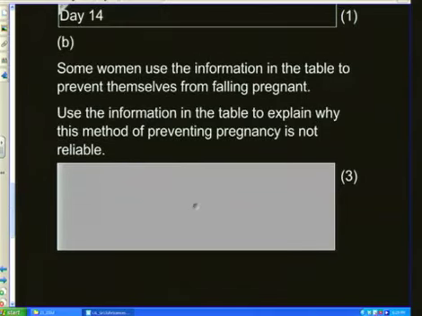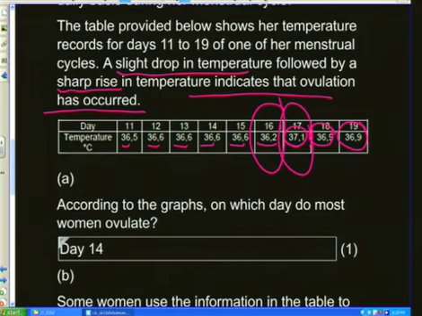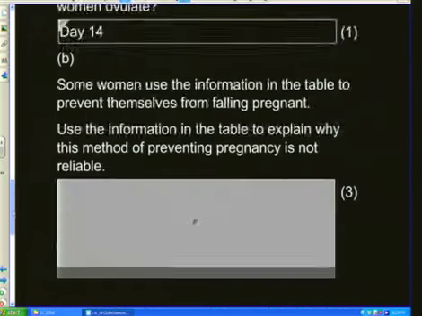Now look at this table. We said that most women ovulate on day 14. Here, what do we notice? When does the temperature drop? It drops on day 16 and rises on day 17. So this woman's ovulation probably took place there. Okay?